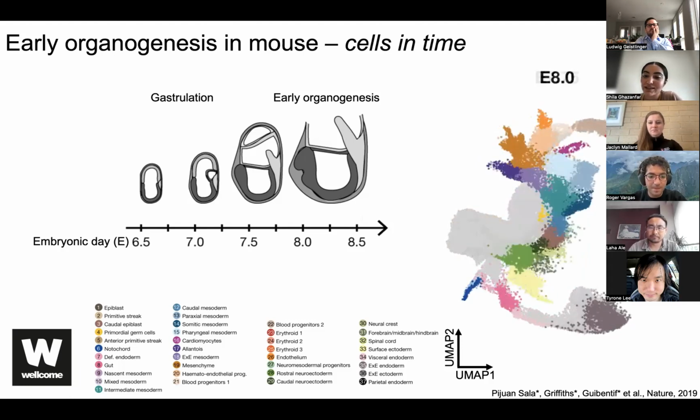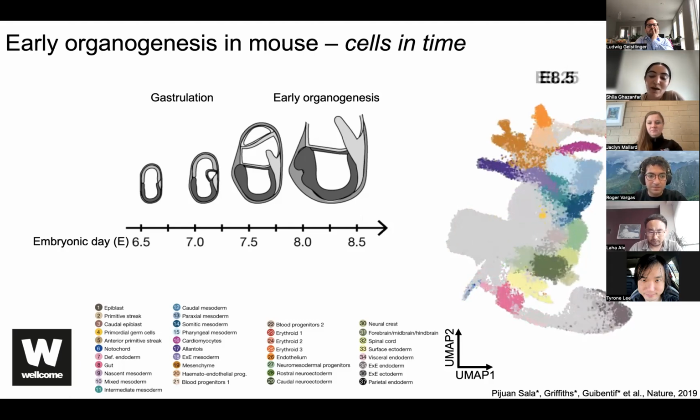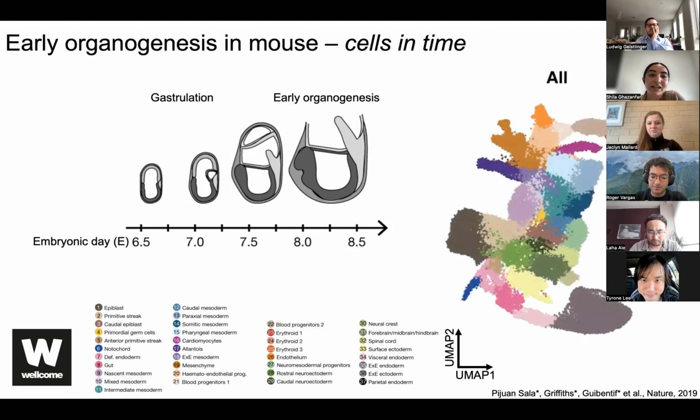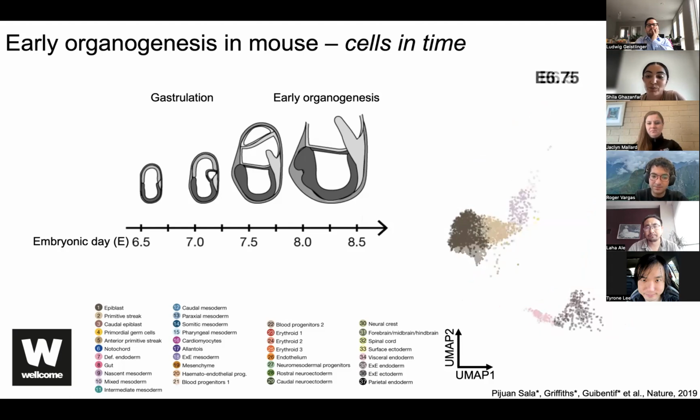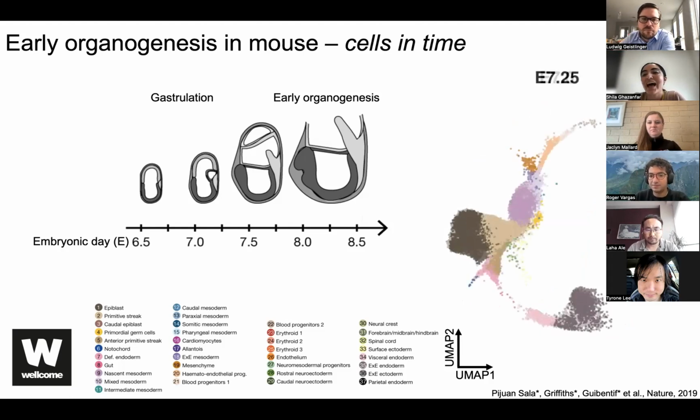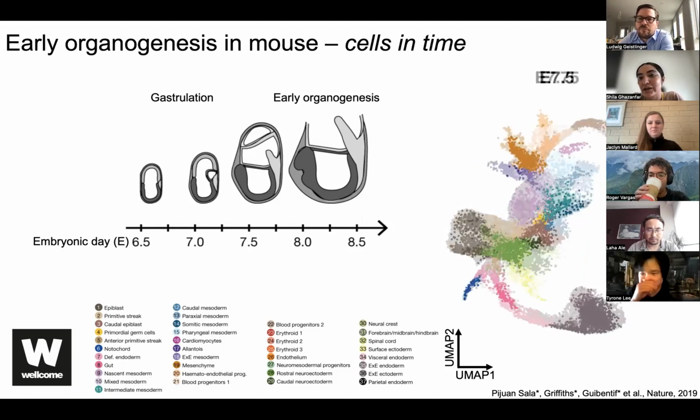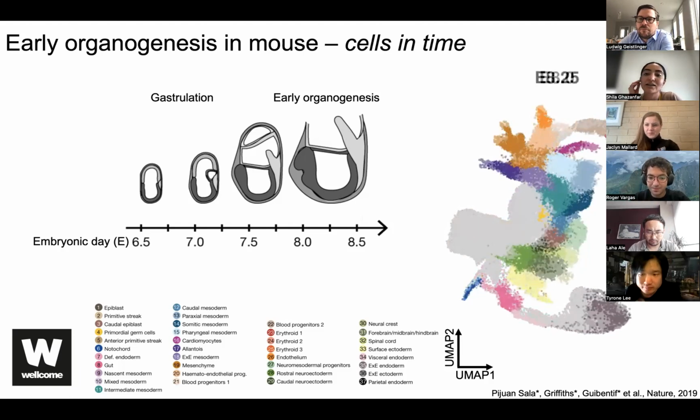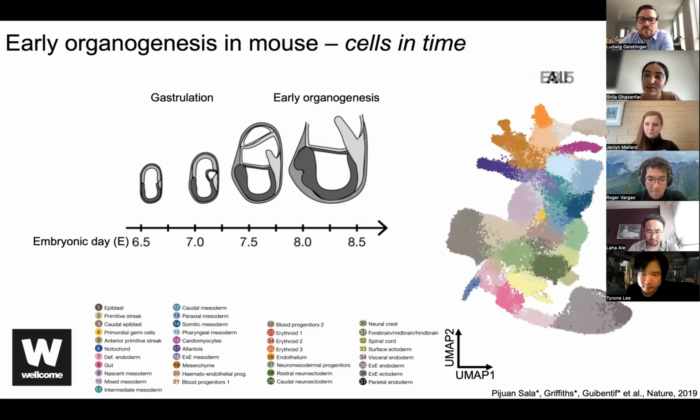What you can see along this slide here is a UMAP representation where each point corresponds to a single cell. As the animation goes along, we have different time points across this developmental stage being highlighted.